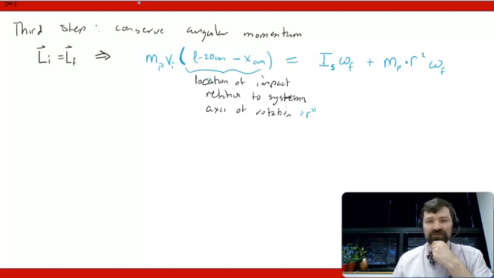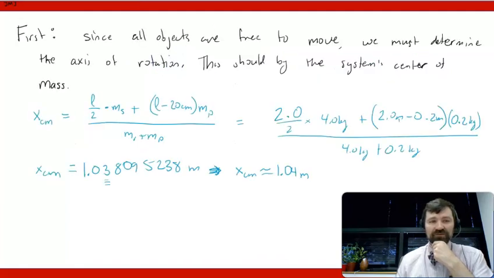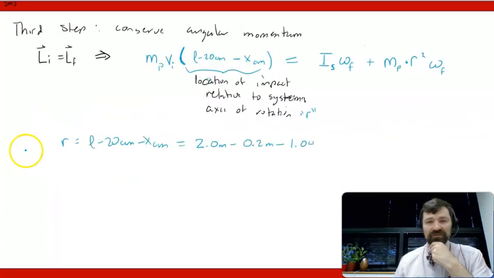So if we're saying r is equal to L minus 20 centimeters minus X center of mass, that is 2 meters minus 0.2 meters minus 1.04. That was what we found up here, 1.04 meters. And so that ends up being 0.76 meters for what it's worth.